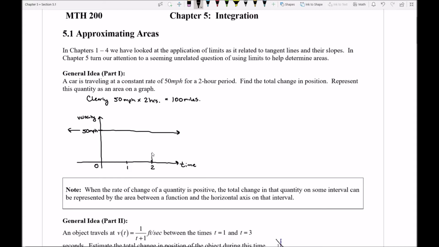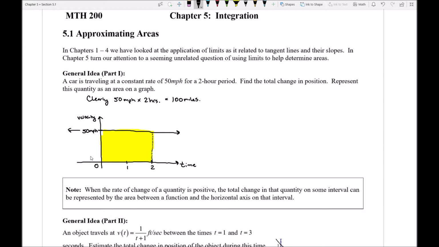if I was to say, well, my car is going to travel from 0 out to 2, then notice that if I look at this space covered in here, that is the space that's underneath that velocity curve, but also that is occurring between 0 and 2, then I can see that this represents graphically exactly the concept that I had here.